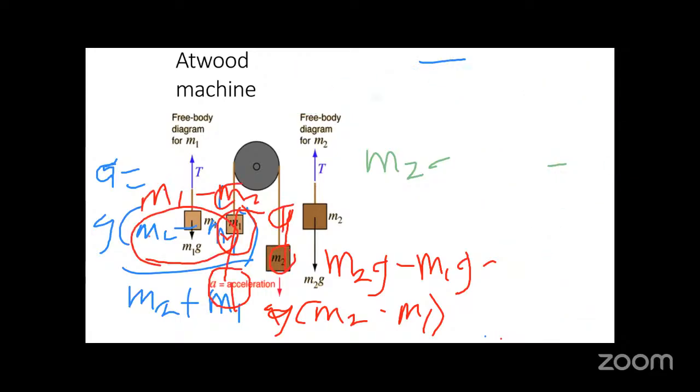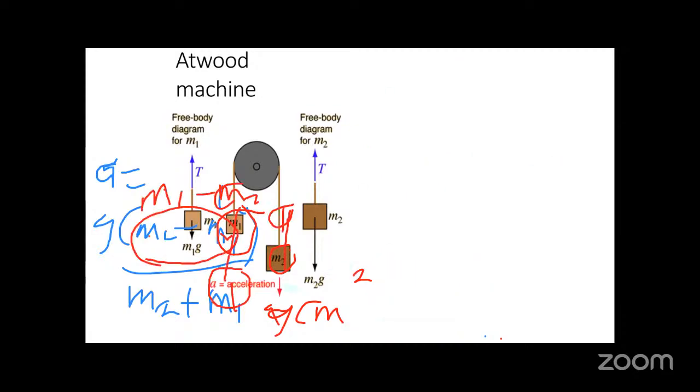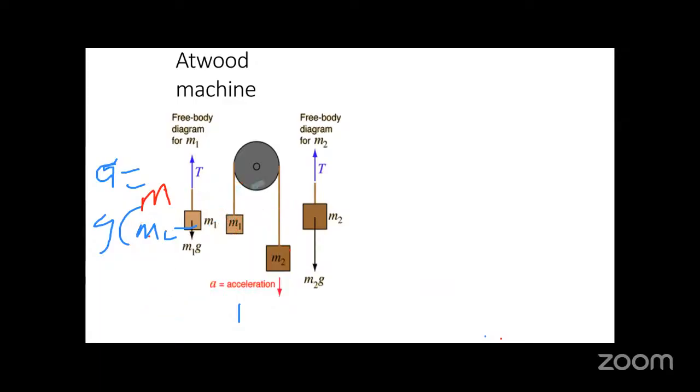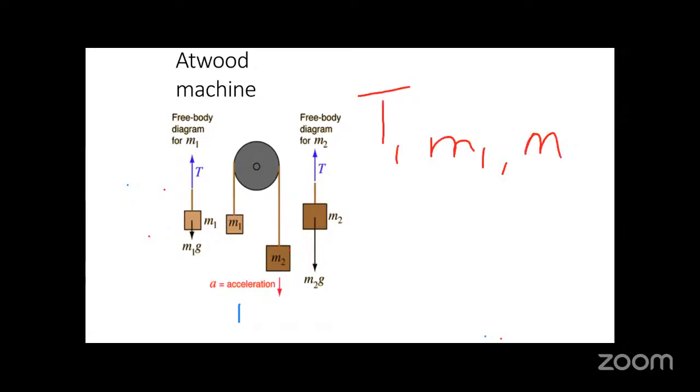So remember that you may be given acceleration and other quantities and asked to find tension. In this equation, we have tension, mass 1, mass 2, acceleration, and then we have G. G is a constant.